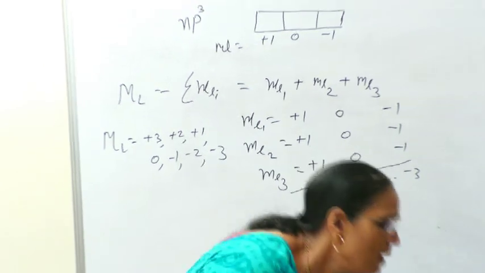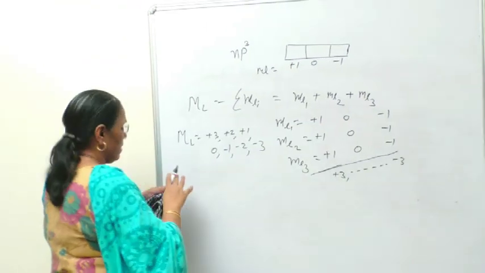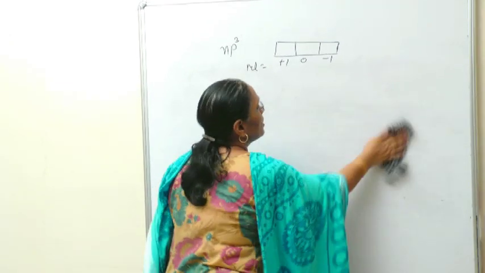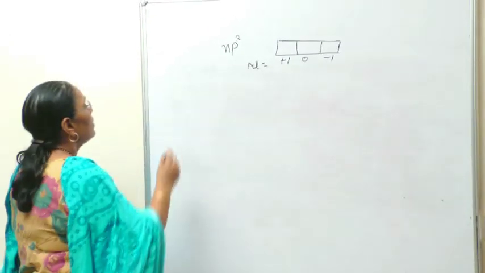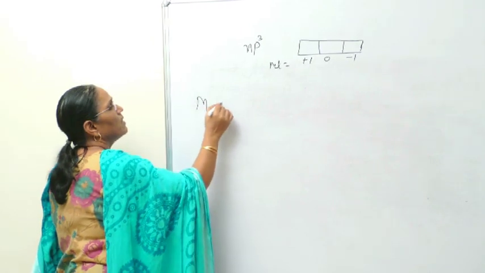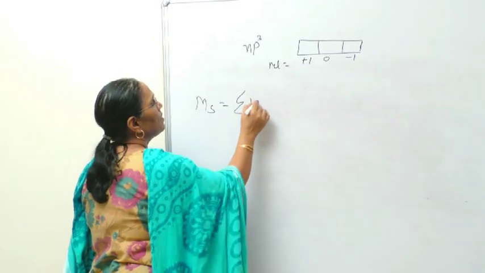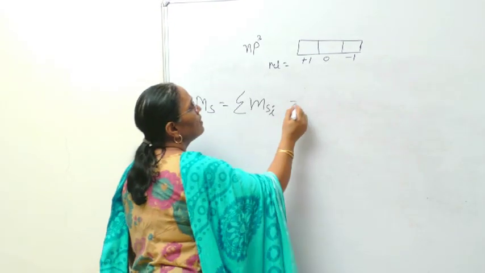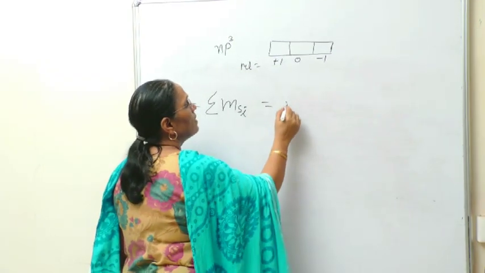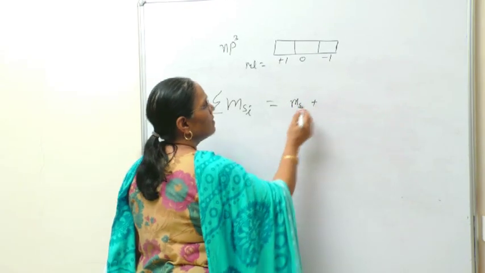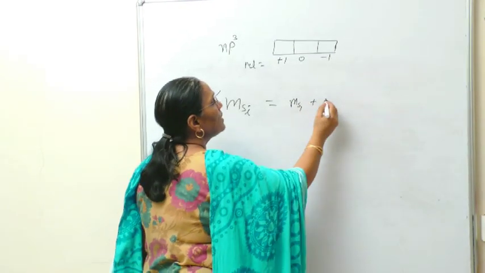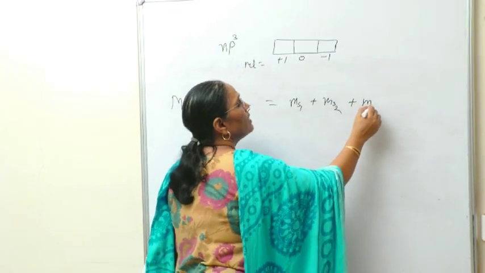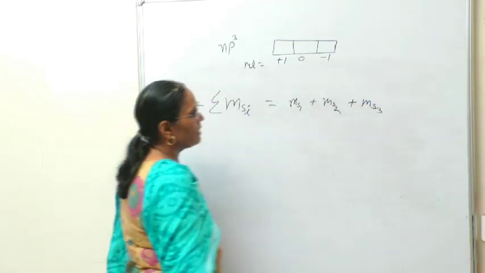In the same way, we can obtain the total spin values for p3 configuration, and total spin values are obtained by summation of ms, that is individual spin values. Therefore, as there are 3 electrons, it will be equal to ms1, the spin value of the first electron, ms2, the spin value of the second electron, and ms3, the spin value of the third electron.